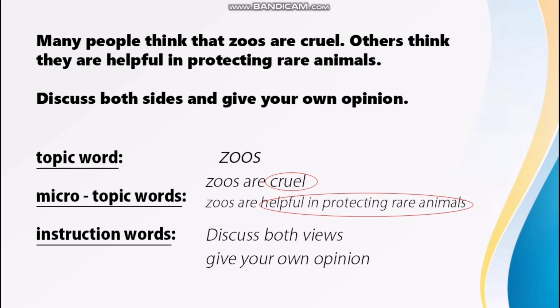Some students will only focus on discussing the viewpoints and some are only going to focus on their opinion, but both should be in the essay, all right? Because that's what the instruction words are asking us, okay? I hope topic, microtopic, instruction words are clear to you now.